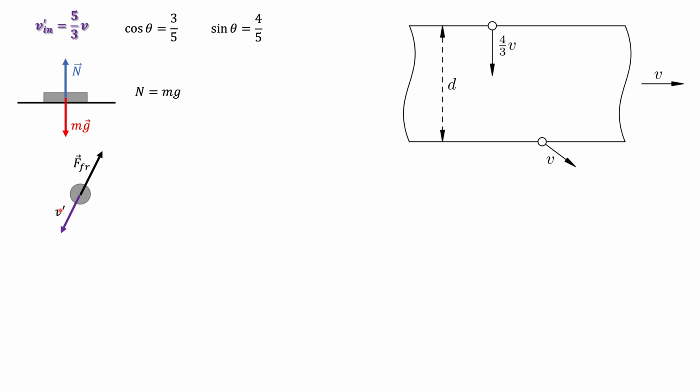So the velocity and the friction force are on the same line. What it means is that although this friction force will be reducing the magnitude of this velocity, it cannot change the direction of this velocity. This force cannot turn the coin either left or right. The coin will continue propagating along the same direction, along the same line.